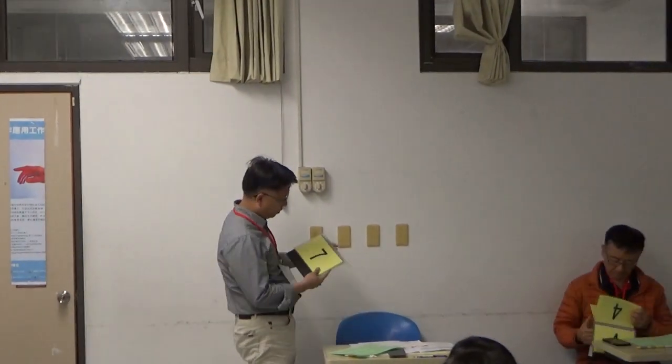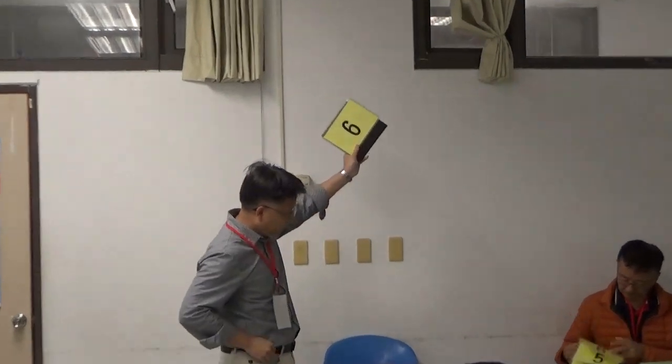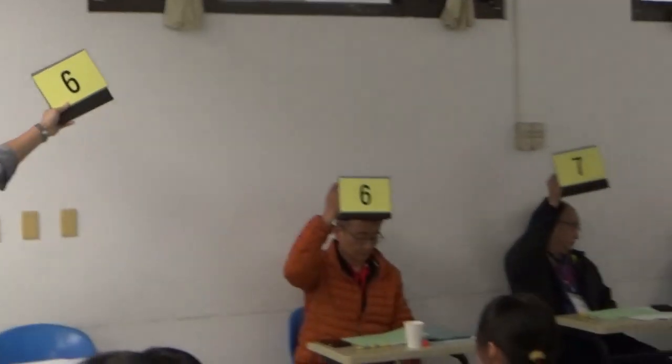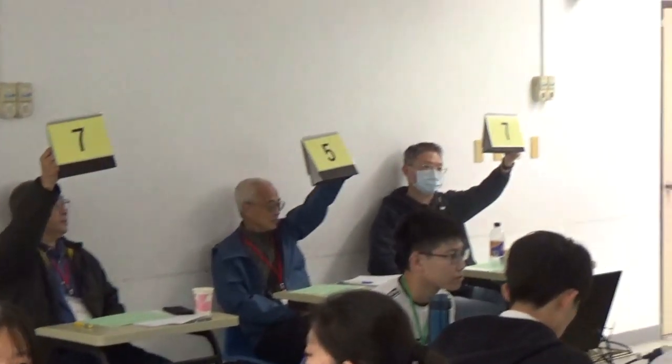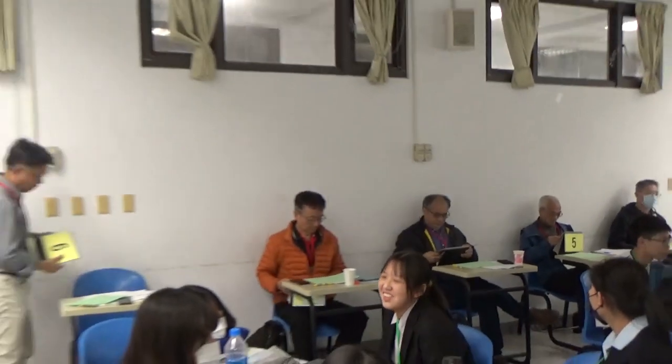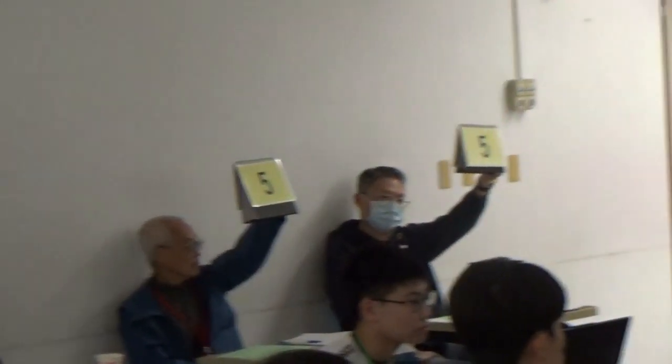And for the opponent, 6, 6, 7, 5, 7. Last, for the reviewer, 4, 6, 5, 5, 5.